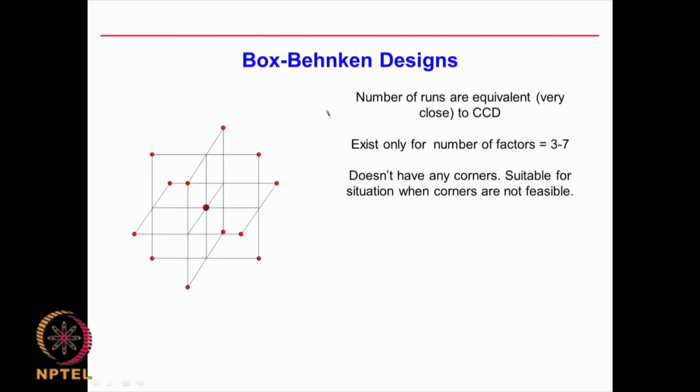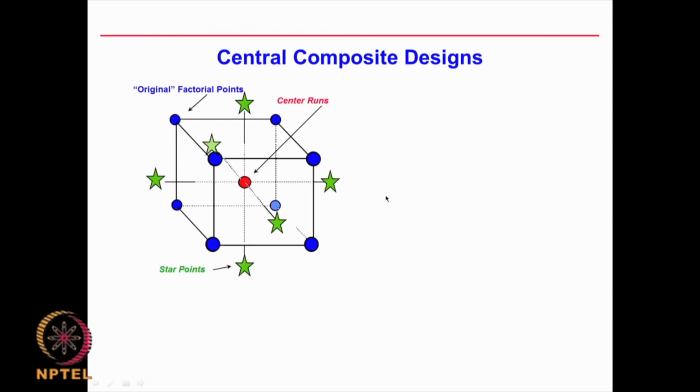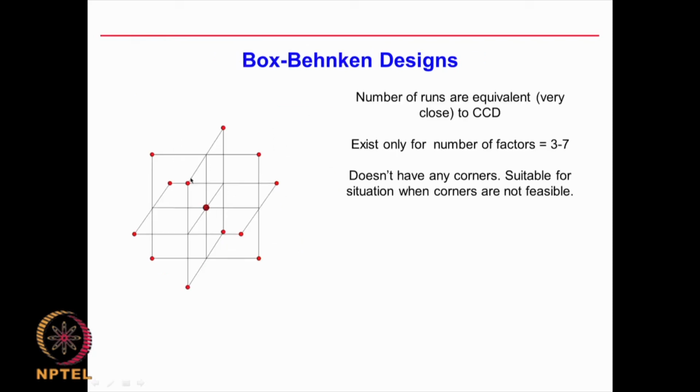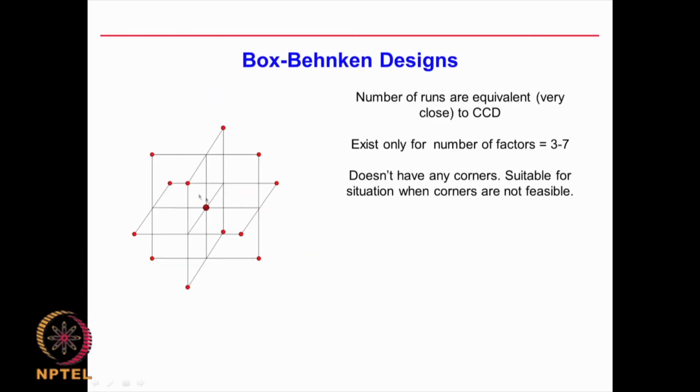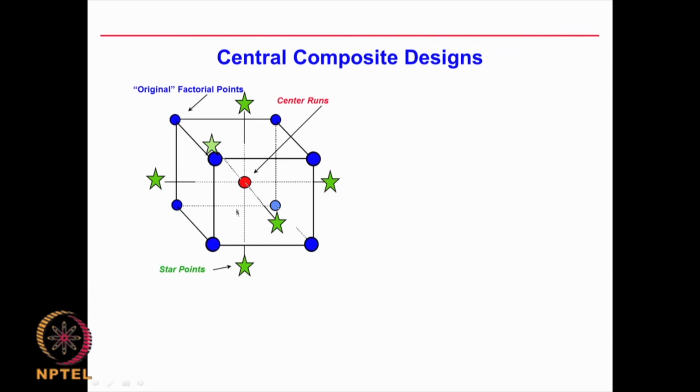The other one is the Box-Behnken design. So instead of doing at these corners, it does it at the center of the edges, you know. So this is what this picture is about actually. So you do the same thing, you do at the center of this cube, but you also do experiments at the center of these edges rather than the corners of this cube.